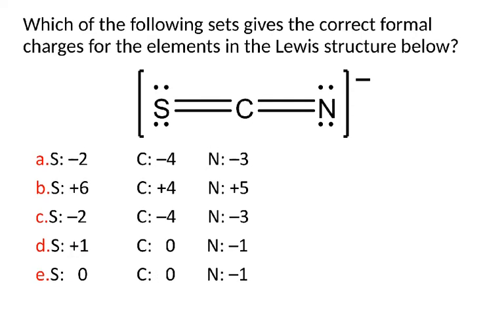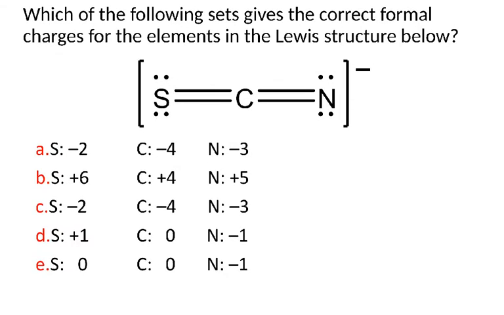Okay, one more practice. Which of the following sets gives the correct formal charges for the elements in the Lewis structure below? I'm going to pause it, work it through. All right, our sulfur here, so for my S, it came with 6. There are 4 in lone pairs, 2 bonds, gets me a 0.